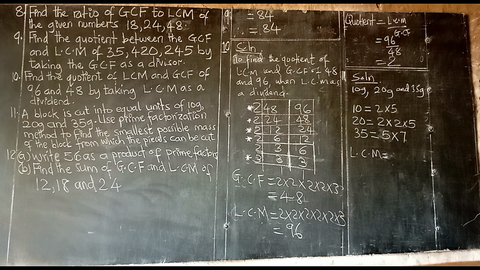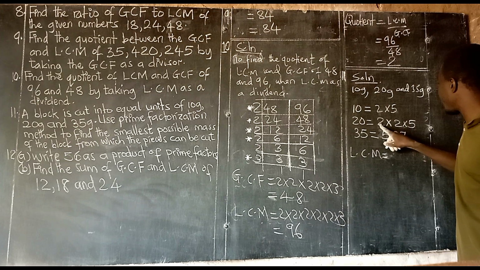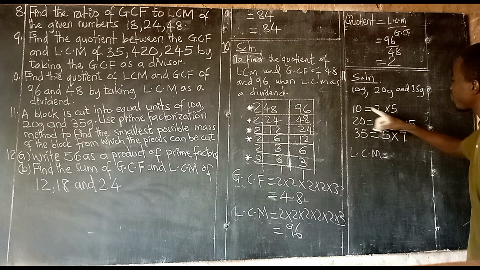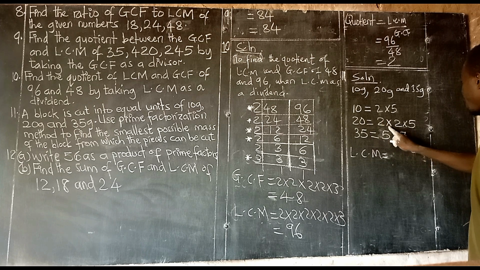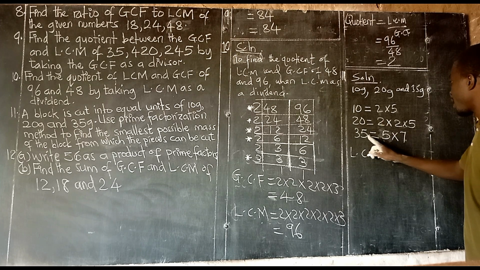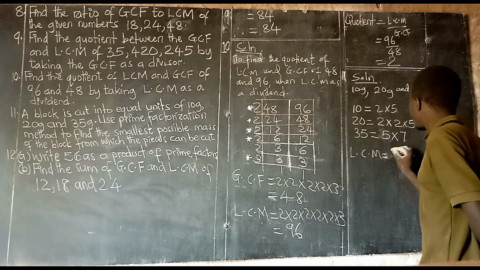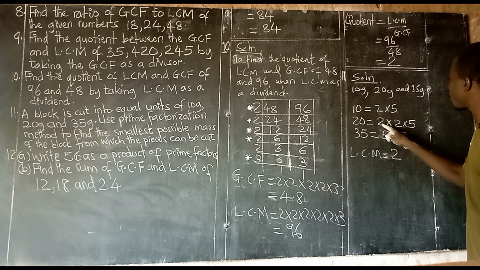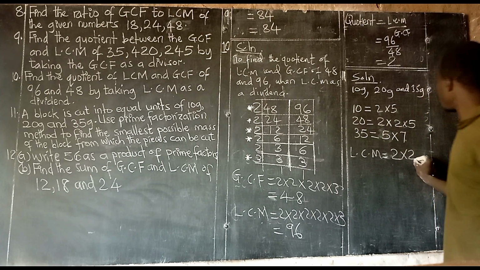Yes, 2 has appeared. In the first number 2 has appeared once, but in the second number 2 has appeared twice. In the third number there is no 2. So we have another 2: 2 times 2.